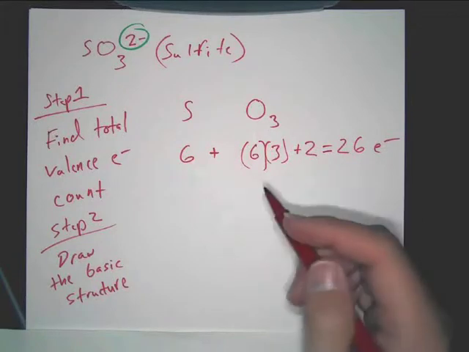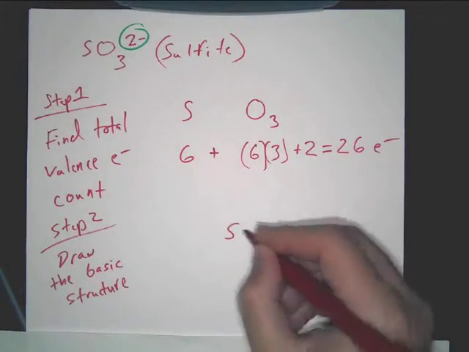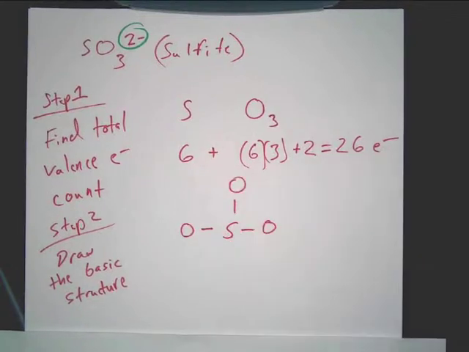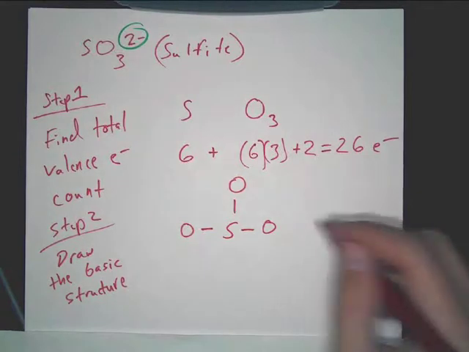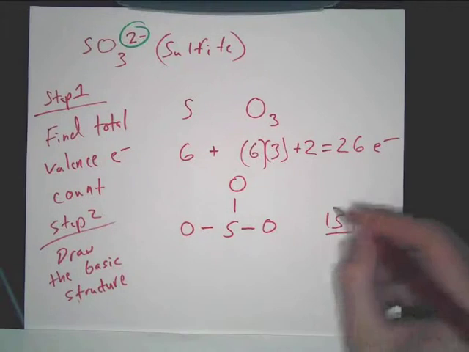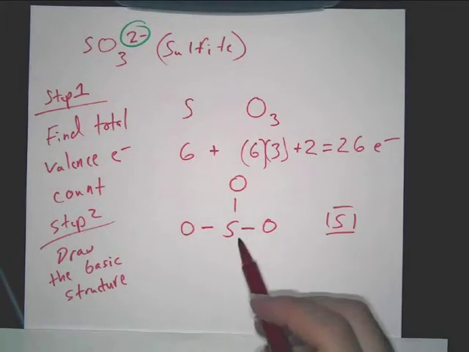There's only one of them. It just makes sense inherently that S should go in the middle. So you can do this. Now, remember when we did the Lewis dot diagrams, you write S and you've got 4 sides where you can put dots. The same thing goes for bonding.